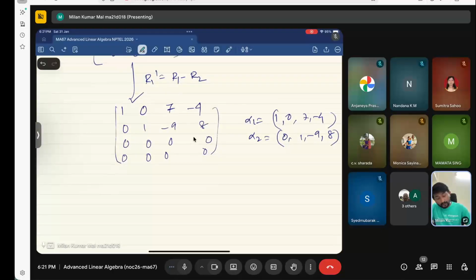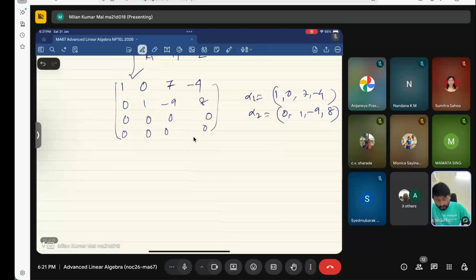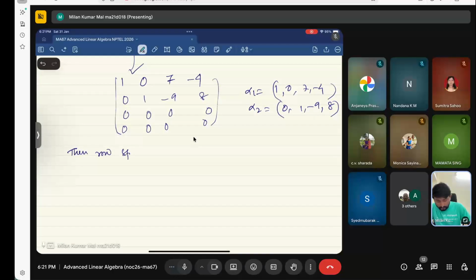Then the row space of the matrix B is spanned by alpha 1 and alpha 2. So whatever element is in the row space will be a linear combination of these vectors.